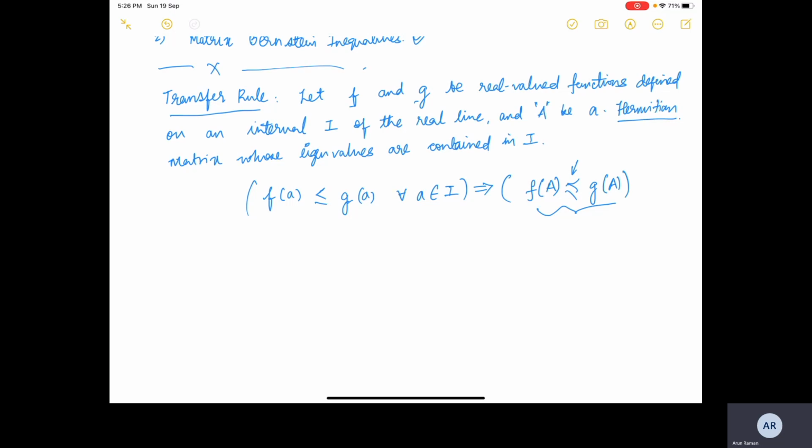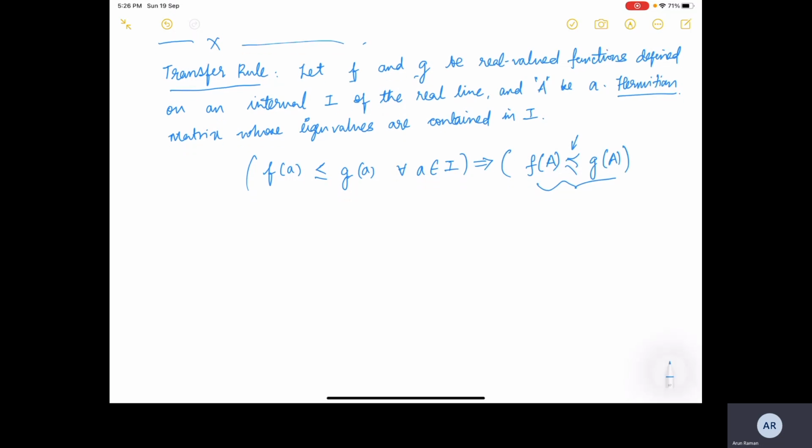Okay. So last class, we saw an application of this transfer rule without really stating what this transfer rule is. In the proof for Chernoff bounds, we said that e to the theta x, if you recall, this was in the proof for the MGF and CGF bound. In the first part of the proof, we used the convexity property of the exponential function to derive this relation.